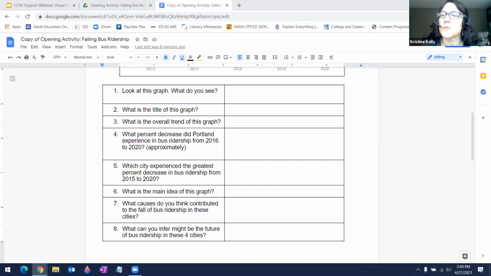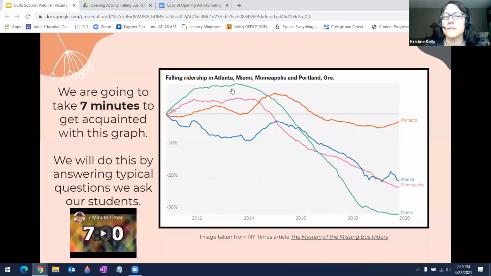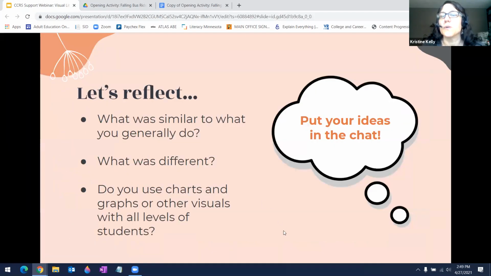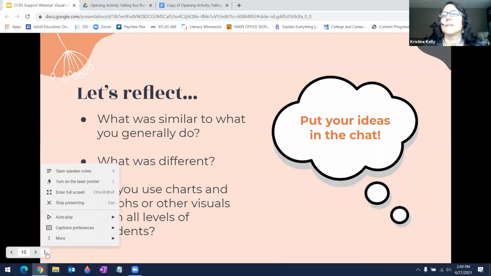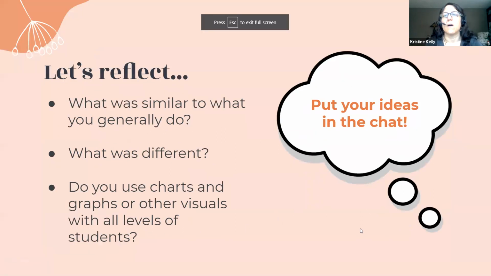Natalie, start with the most straightforward knowledge questions and move towards reasoning questions. Main idea needs tons of support for the lower level students. Yes. How else do you decide how you might order or sequence the questions that you're going to ask?